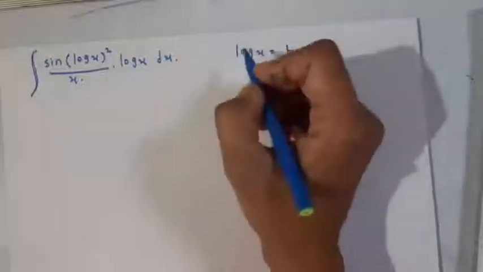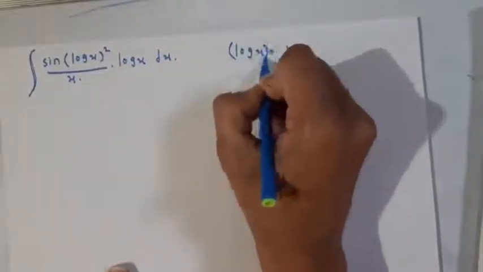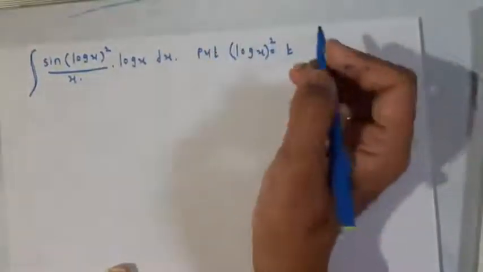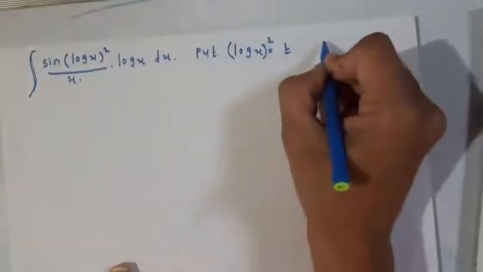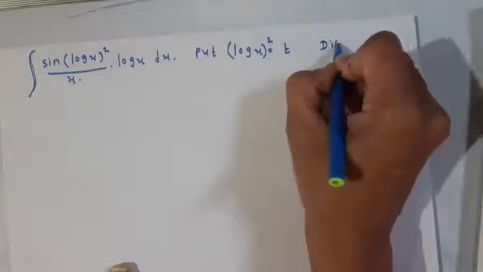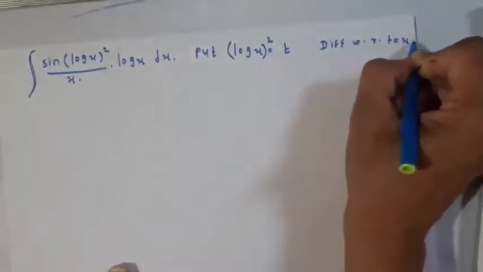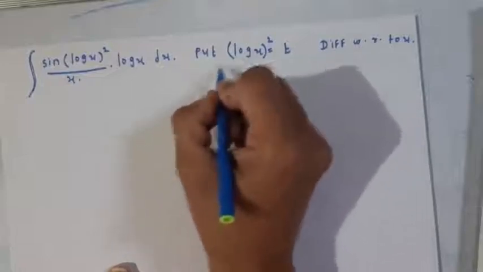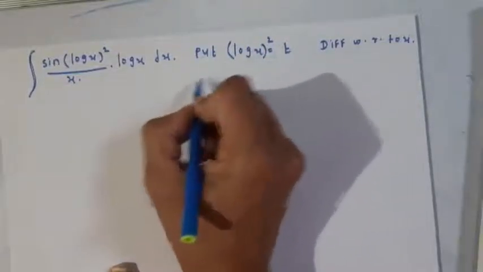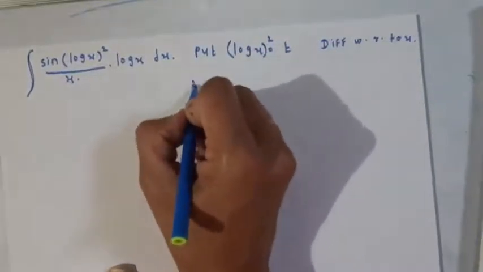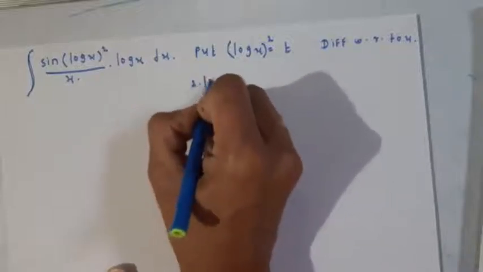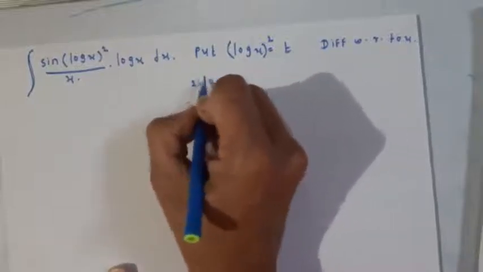Now if we substitute log of x whole square equal to t, then see what will happen. So what is our substitution? Differentiate with respect to x. Differentiation of log of x whole square is 2 according to the power formula, that is 2 into log of x.